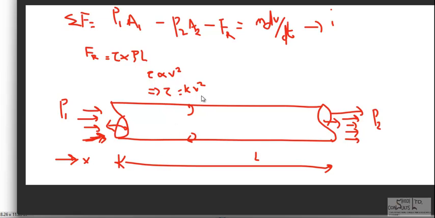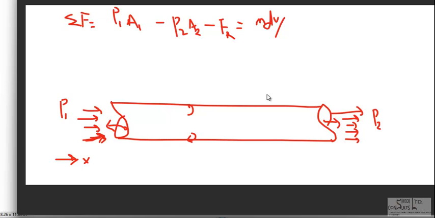So the shear stress is equal to K times V square. If you substitute that in the expression for the friction force, FR becomes K V square times P L. Let's back substitute into equation 1.